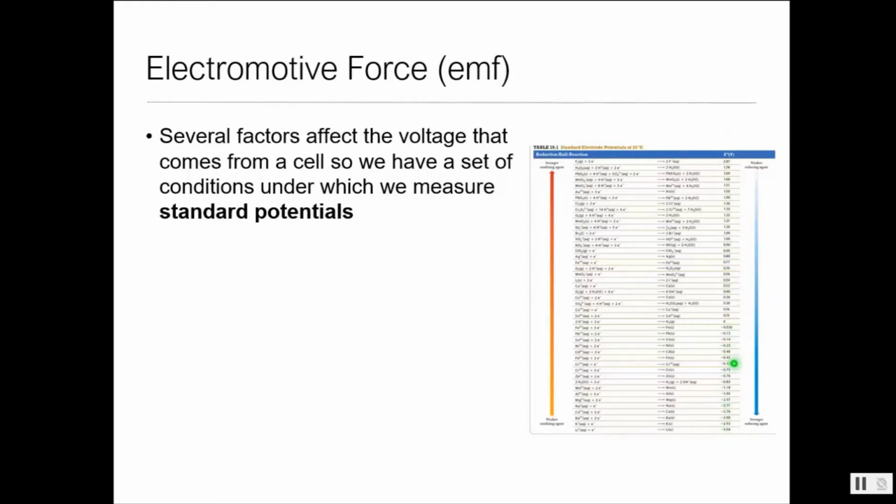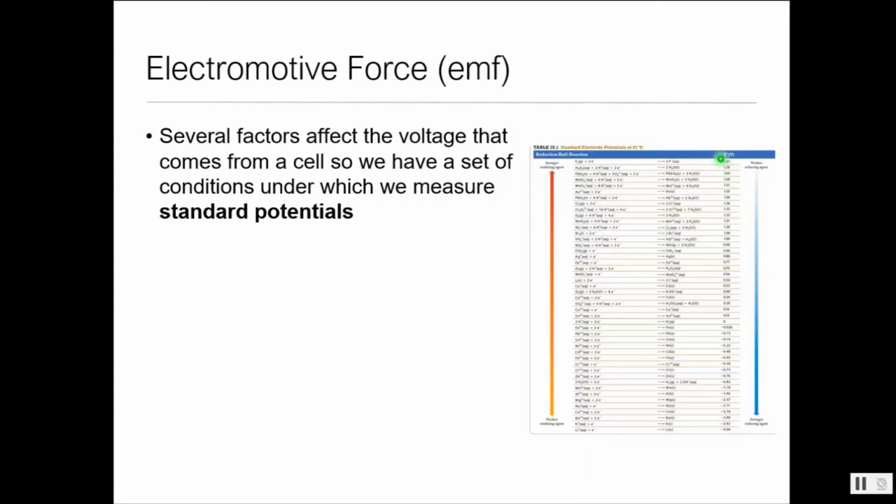What these numbers tell us is the ability of the substance to steal or give electrons. If we're at the top of the chart, the more positive values are going to be more likely to accept electrons and therefore be reduced. If they are reducing, then it means that they're going to be an oxidizing agent.